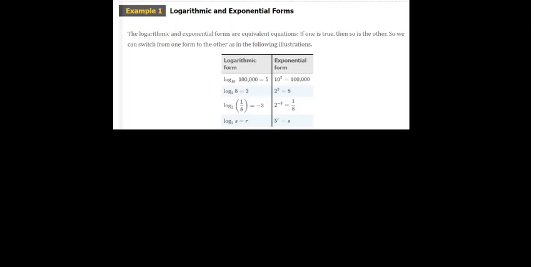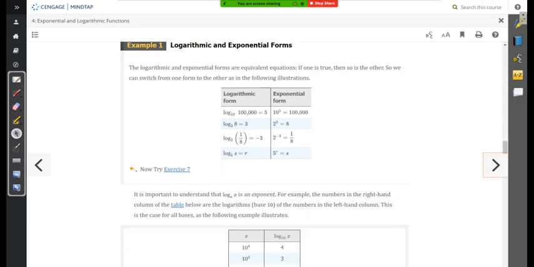Then for problems like this, just make sense of it. Write out what I did: base 2, raised to negative 3. Just make sense of all this, because we're learning the properties now so we can solve equations later. So become very familiar with it before we get to that point. Otherwise, you'll be kind of screwed.